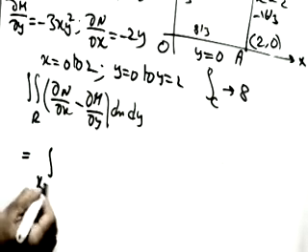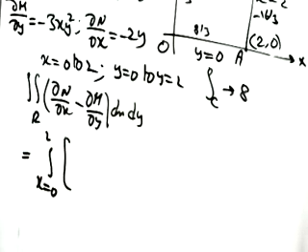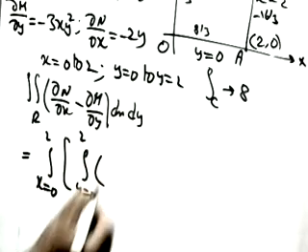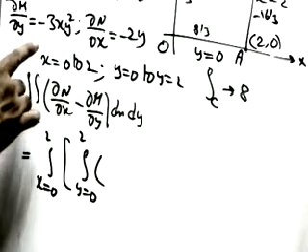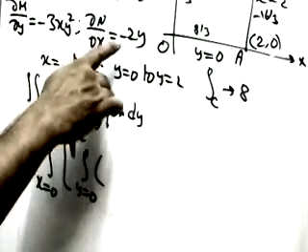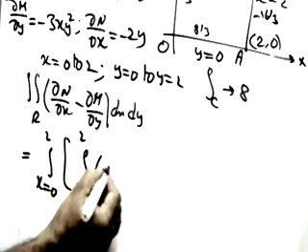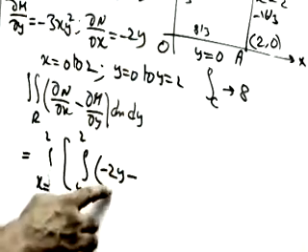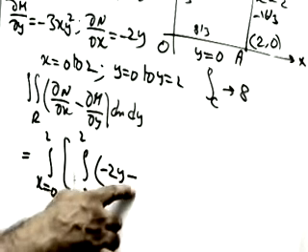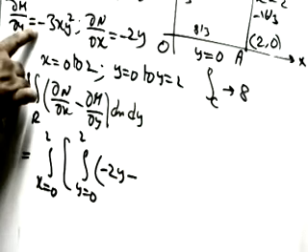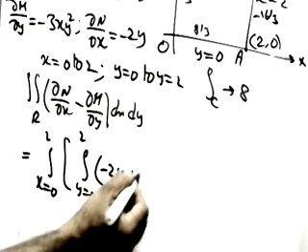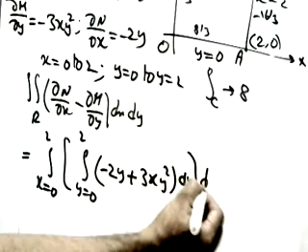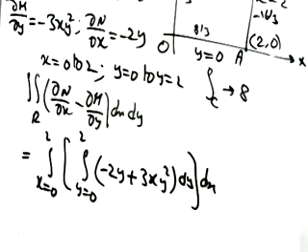I'm taking x as the outer limits, x equals 0 to 2, and let me first integrate with respect to y, y equals 0 to 2. ∂N/∂x is minus 2y, minus ∂M/∂y, which is again minus, so minus or minus will be plus 3xy squared. First we are integrating with respect to y, then with respect to x.